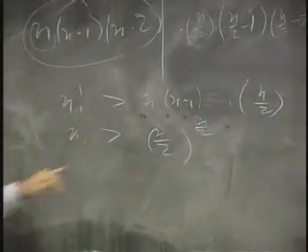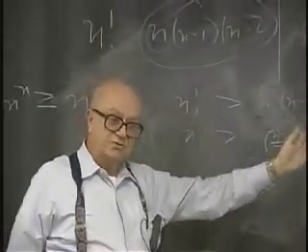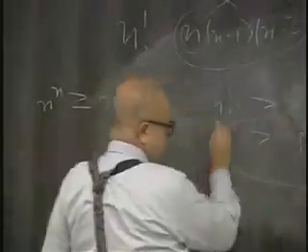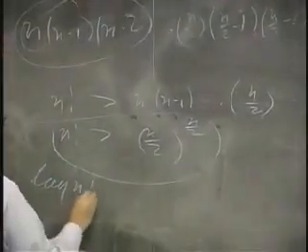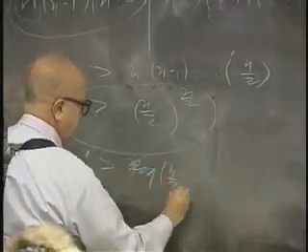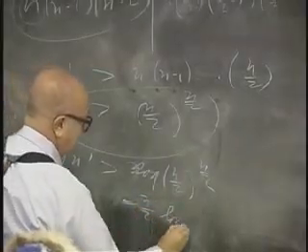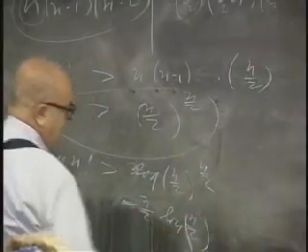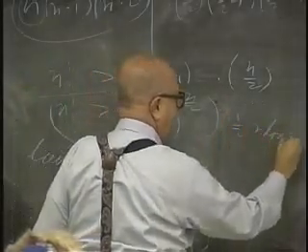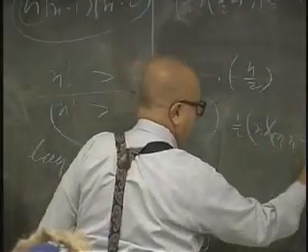I'm fudging a little because n over 2 may be halfway in between two integers, but the fudge you can work out for yourself. So log of n factorial is going to be greater than log of n over 2 to the n over 2, which is n over 2 times log of n over 2, which is 1/2 n log n minus log 2.